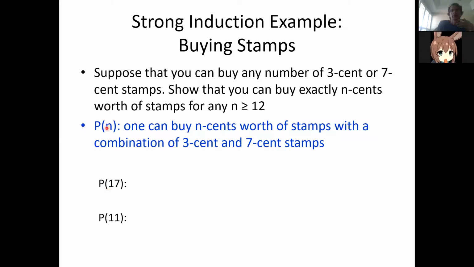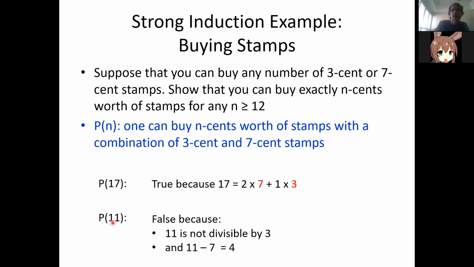So let the predicate P of n be that n cents can be expressed as some multiple of 3-cent and 7-cent stamps. Does this predicate hold about 17? Yes, it does. I take 2 7-cent stamps and 1 3-cent stamp, and I get 17. Does it hold true about 11?